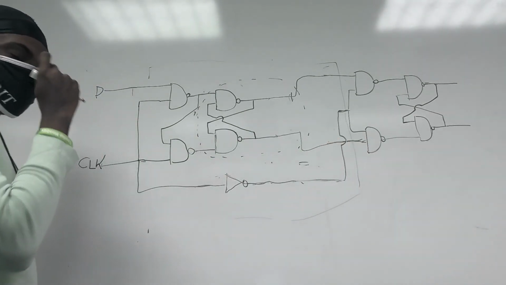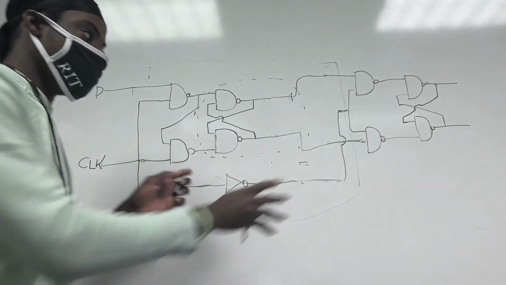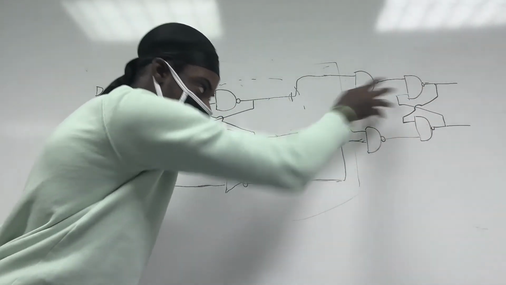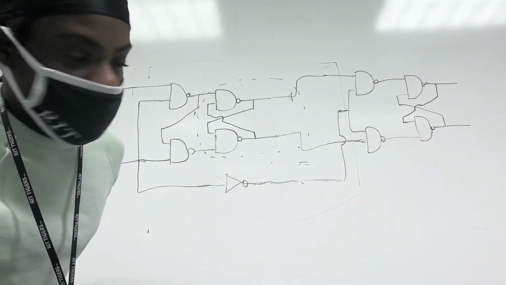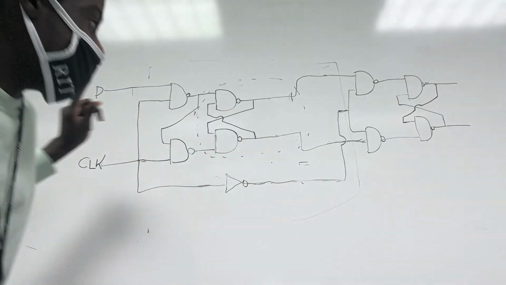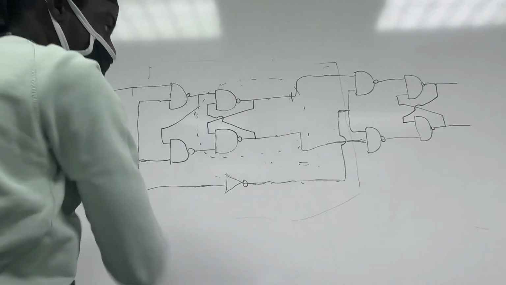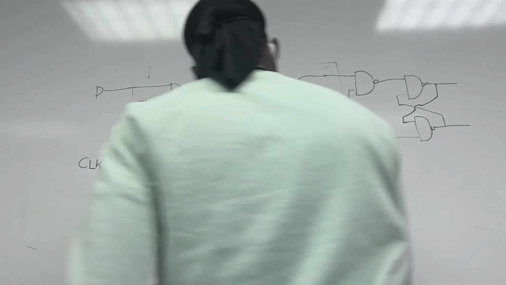Now, one thing to note is that in some places you might hear that this on its own is a flip-flop. In fact, it is not. That is a latch with enable. This is a latch with enable. And this here, the entire thing, is called a D flip-flop.